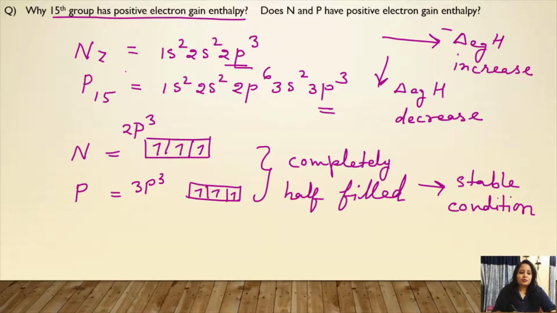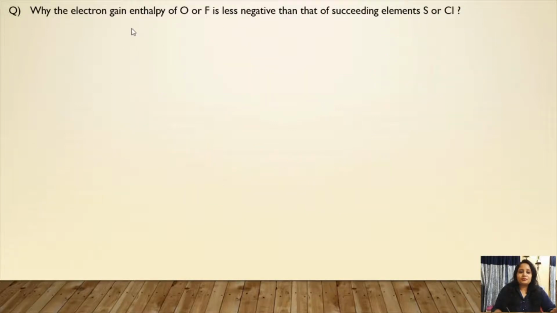Now come to the question number 2. Why is the electron gain enthalpy of oxygen or fluorine less negative than that of succeeding elements sulfur and chlorine? So first of all we will write the situation. First oxygen, then fluorine.